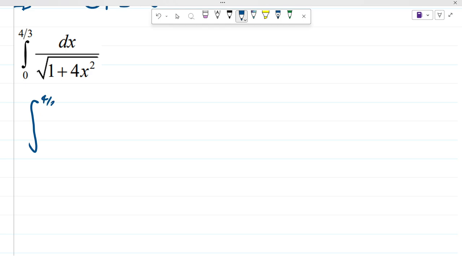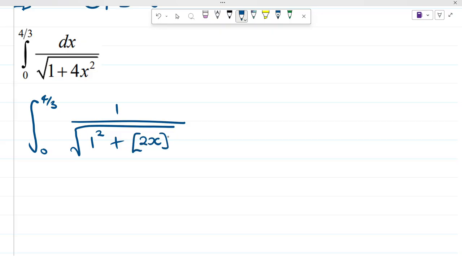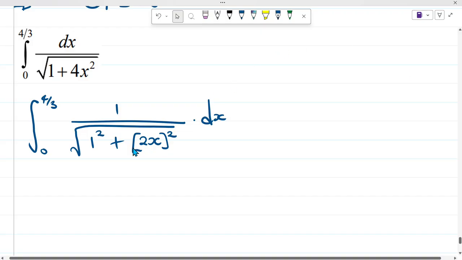First thing first, 4 over 3, our upper limit, and then we have 1 here. We've got the square root of 1 squared plus 4x squared, which I'm gonna write as 2x squared, and then I have my dx. This denominator of a squared plus f of x squared is that of inverse hyperbolic sine.